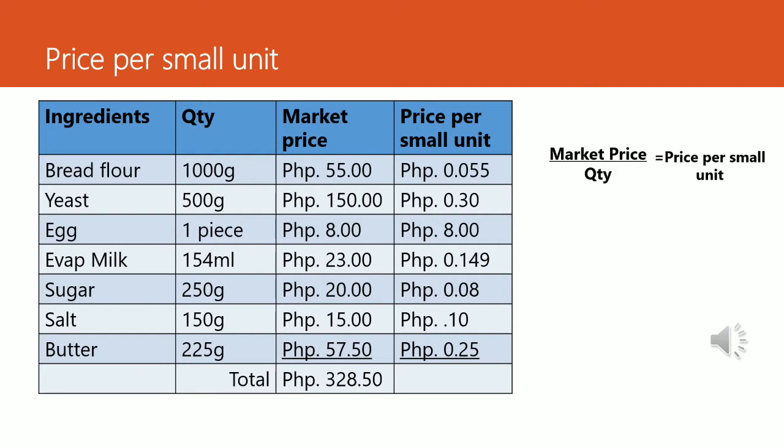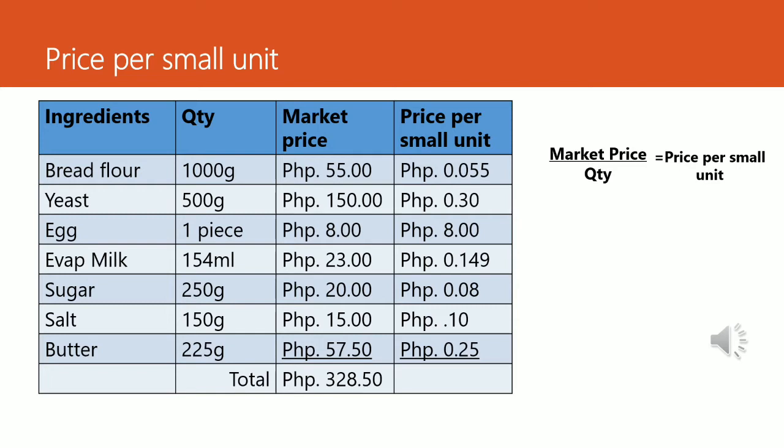For the egg, 1 piece of egg is equivalent to 8 pesos. For the evaporated milk, 23 pesos divided by 154 ml is equal to 0.149 centavos of milk per milliliter.